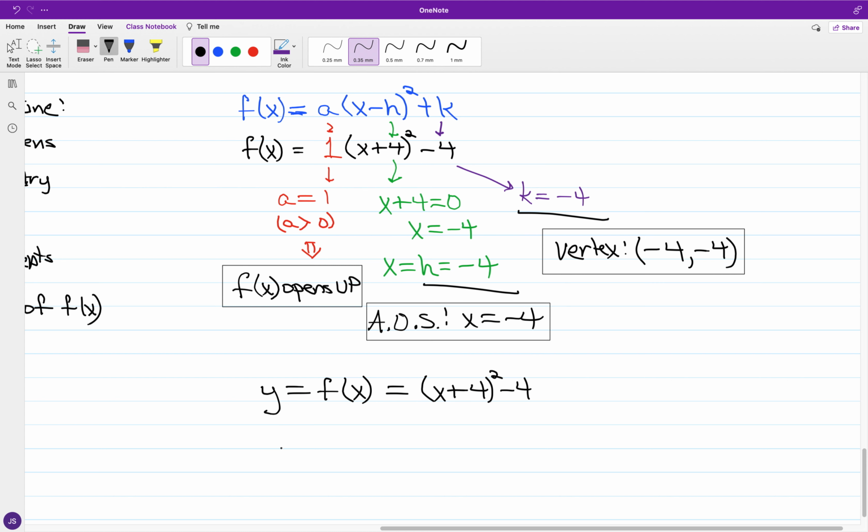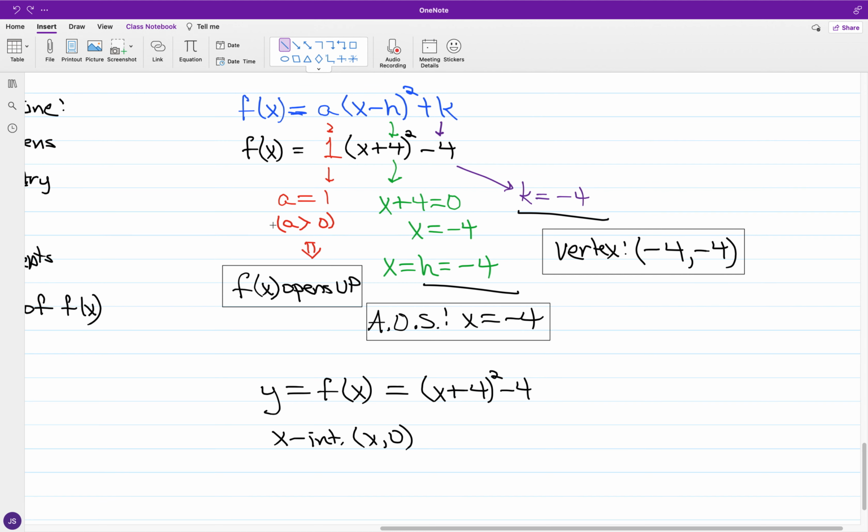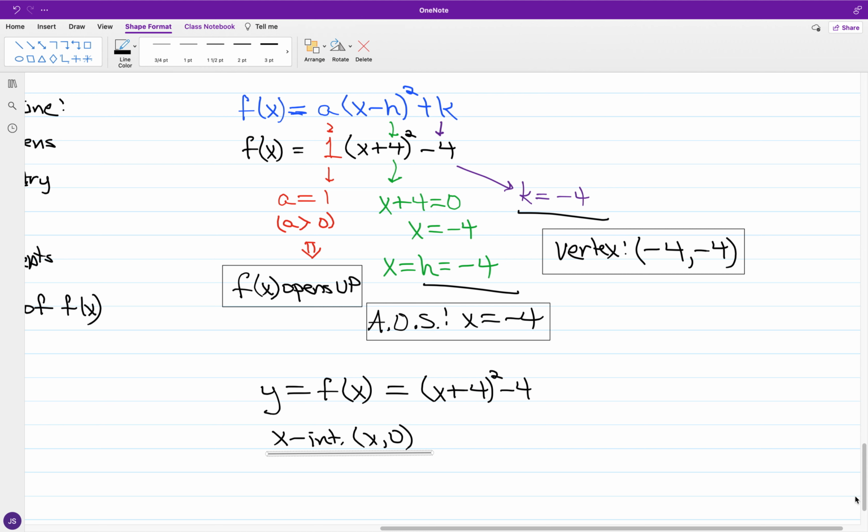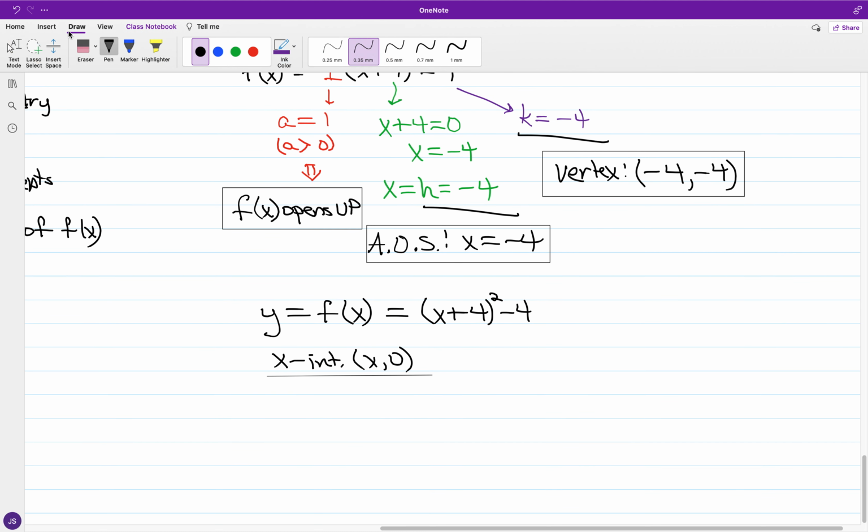If we look for the x-intercepts, the general coordinates will be where we solve for x as y is set to 0. So setting y to 0, we have 0 is equal to the square of x plus 4, minus 4.